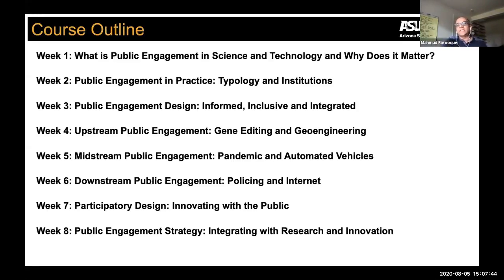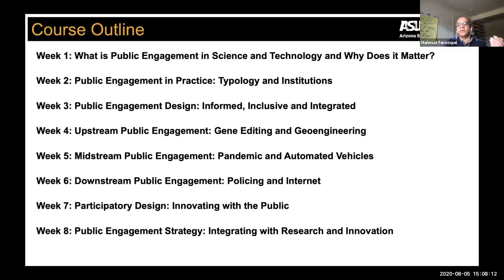So once we get that out of the way, then we talk about how we're going to design this. How can we do informed, inclusive, integrated public engagement? Eric was talking about how you articulate what the public value is, what the public need is, and that means a two-way engagement.